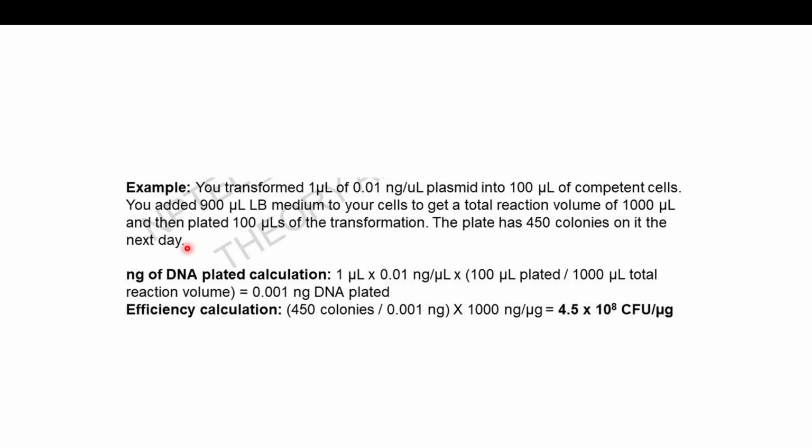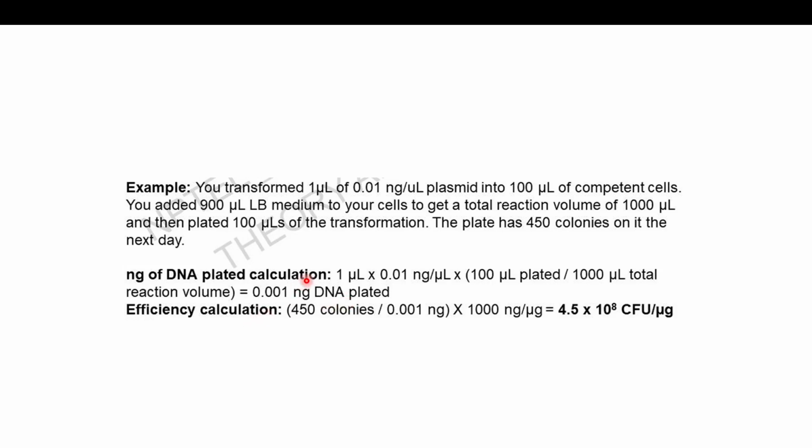So what is the transformation efficiency? How much is the amount of DNA plated? 1 microliter into 0.01 nanogram, the concentration of the plasmid. Now, how much has been plated? 100 microliters plated, and total reaction volume was 1000 microliters, right? So total DNA plated is 0.001 nanograms.